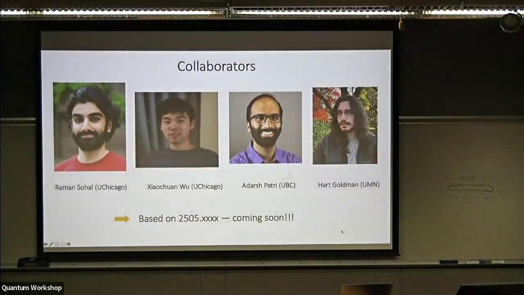So this is work done with a series of collaborators, Raman and Xiaochuan at University of Chicago, Adarsh at UBC, and then some other guy, I guess. There are versions of this talk where it says 2504, but it will be 2505. It will be out very soon.